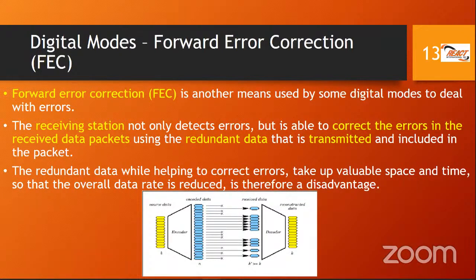And as a result of all that extra overhead, you end up with a reduced data rate, because you're sending extra stuff that technically you don't need, but you're sending it as insurance to make sure that it gets to the other side. But it's a disadvantage because it slows the otherwise rate that you could have used to convey information. So it's a bit of a disadvantage, as great as it is.